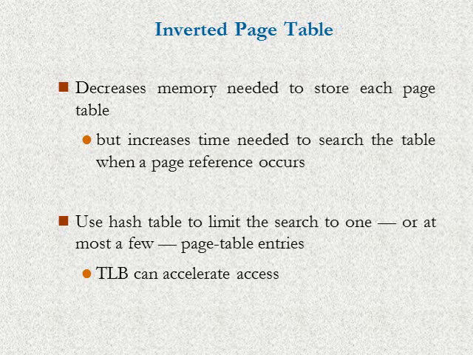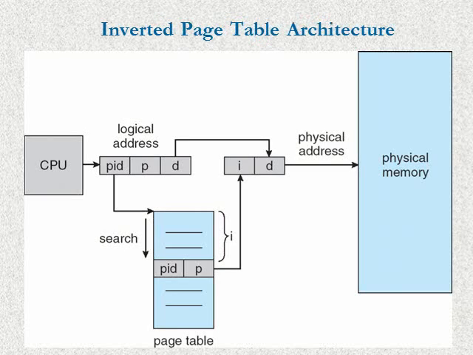Also, we can use the translation look-aside buffer to speed up the process of accessing the memory. So over here we have a conceptual view of this inverted page table. You can see that we have a page table where we have this mapping of process ID and page number, and we have a particular frame that is associated with these entries.